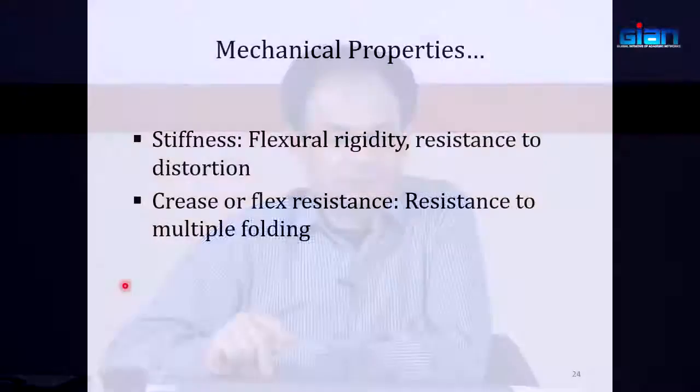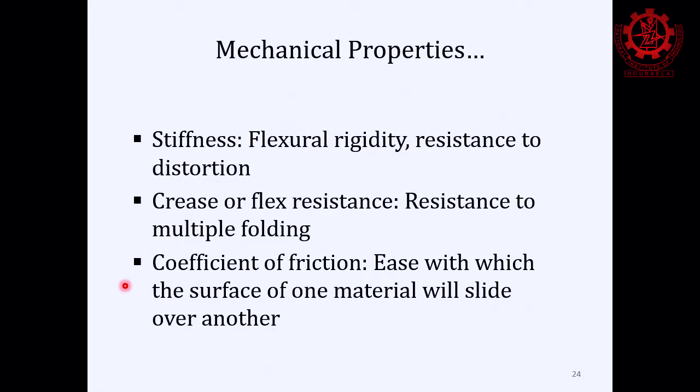That multiple folding could also happen in the case of polymeric films. Some have a lot of resistance to multiple folding. You can fold once or twice, but then you cannot have multiple folding, while other films will allow you multiple folding. So again, depending upon the situation, you would select the appropriate film.